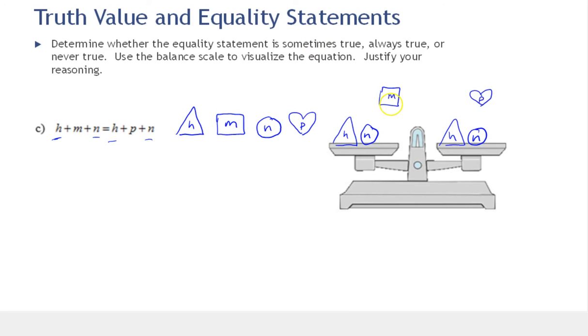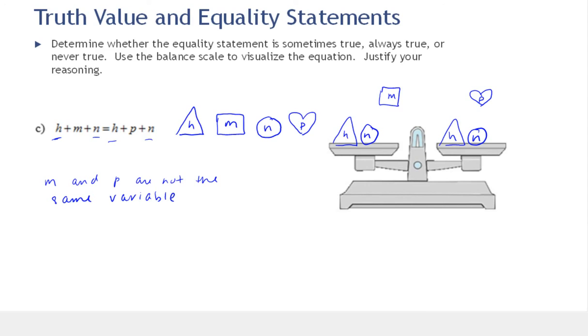Now we know that M and P are not the same variable, and the reason is we gave them different letter names. They're not the same variable, but could they ever be equal?